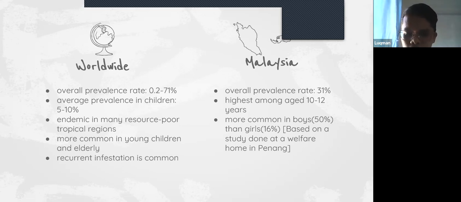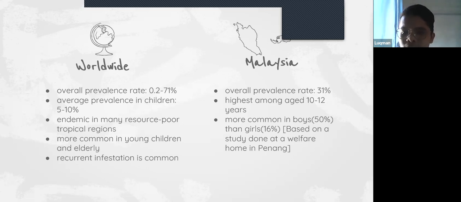While in Malaysia, which I take from the study done at the welfare home in Penang, which took around 120 samples, which is, I think, not adequate, but it is enough to know that in Malaysia there is high prevalence of scabies cases, with an overall prevalence rate of 31%.